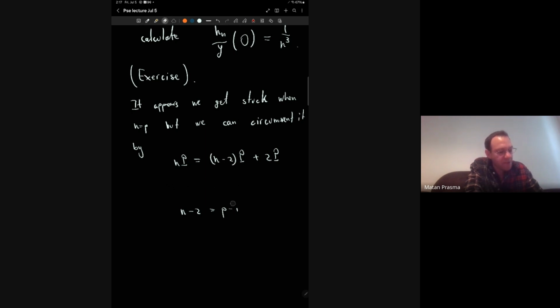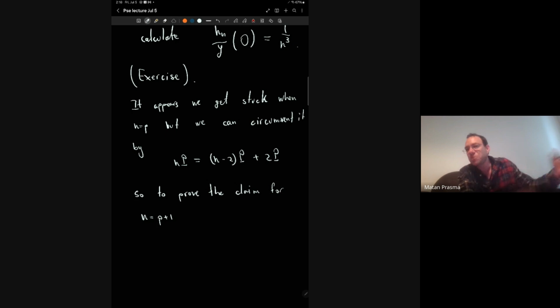And now, we want to prove the claim. Obviously, we don't want to prove the claim for n equals p. It's not supposed to be true. So to prove the claim for n equals p plus 1, I want to prove it and then I can proceed by induction up until n equals 2p, right?